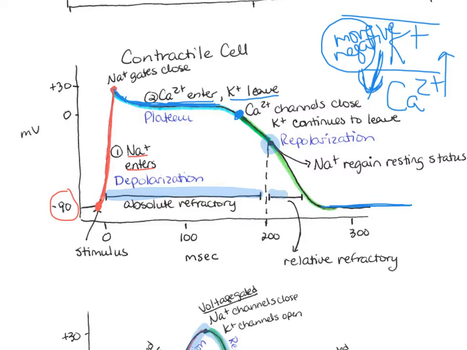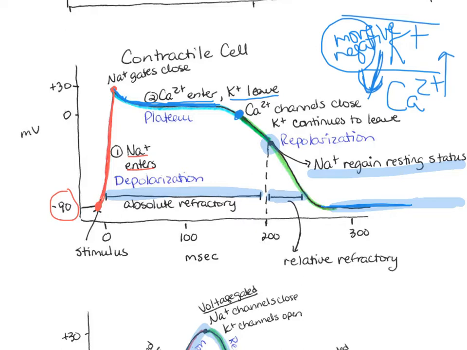So we have the relative refractory period from the time the sodium regains its resting status until the time it gets back to just a resting membrane potential. That's a relative refractory period where you could get another action potential, possibly.